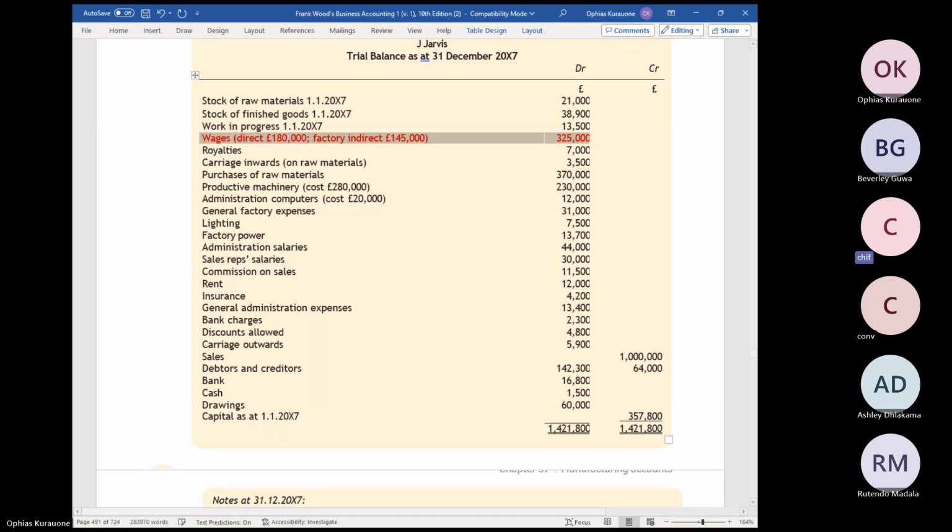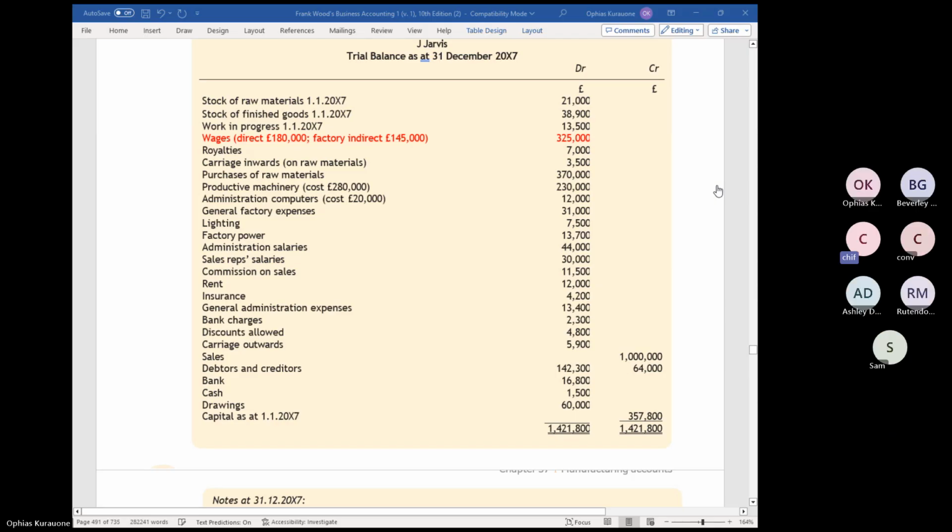Administration computers 12,000. General factory expenses 31,000. Lighting 7,500. Factory power 13,700. Administration salaries 44,000. Sales reps salaries 30,000.